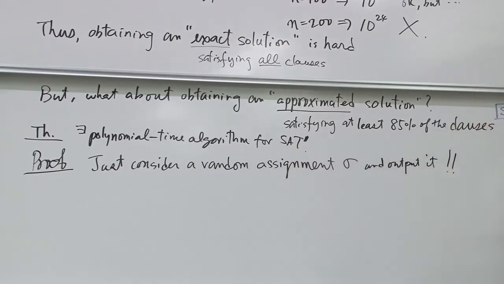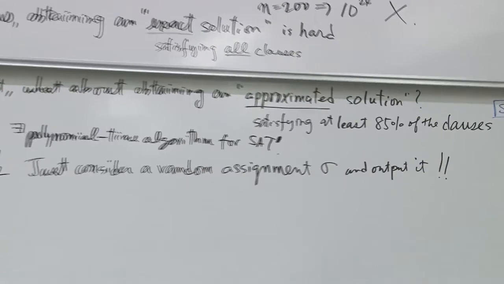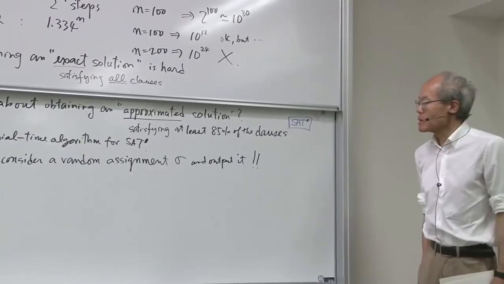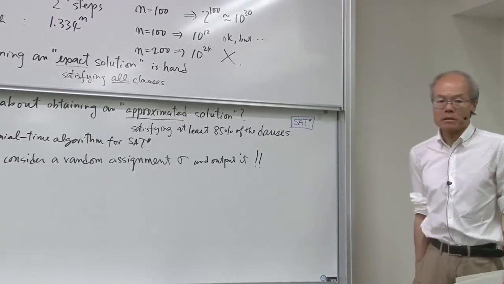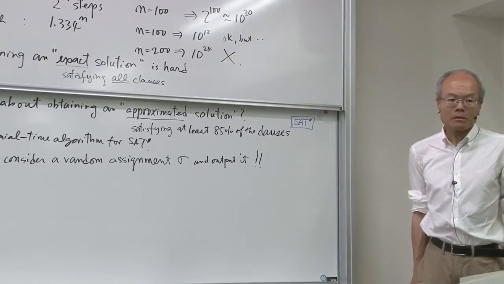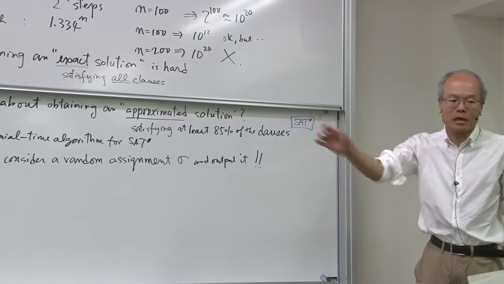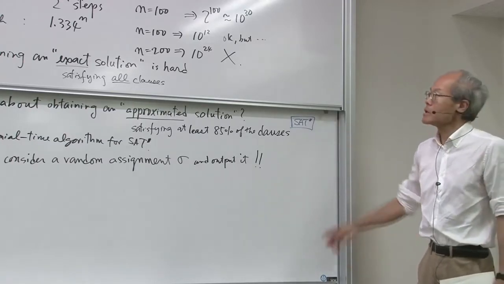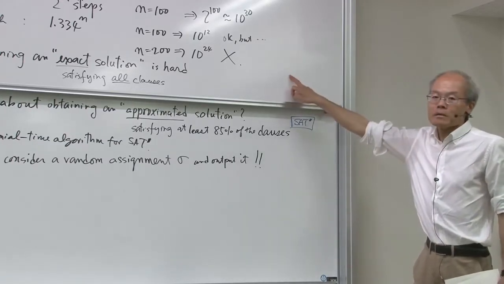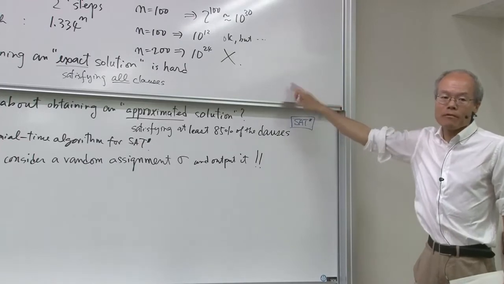Okay, our algorithm is just one line. Just create a random assignment sigma and output it. What is a random assignment? Random is just use a die, and for x1, you randomly choose true or false.